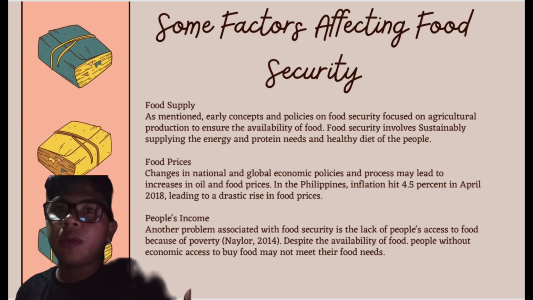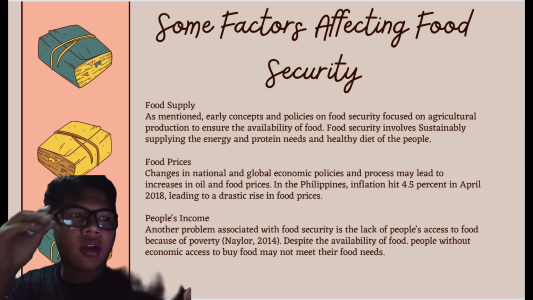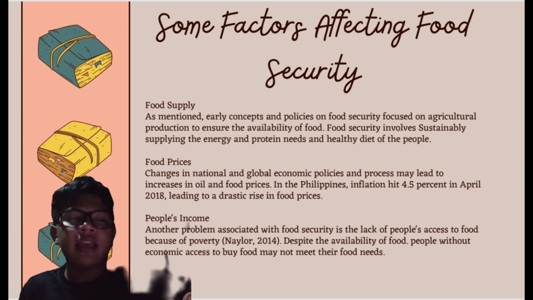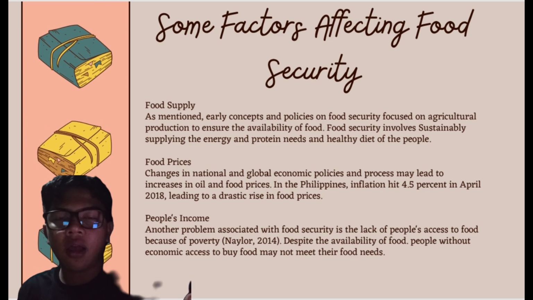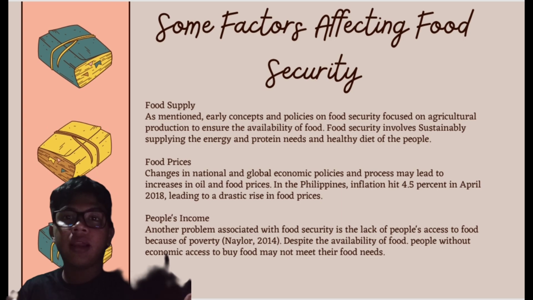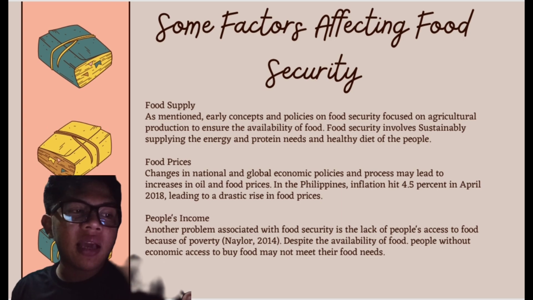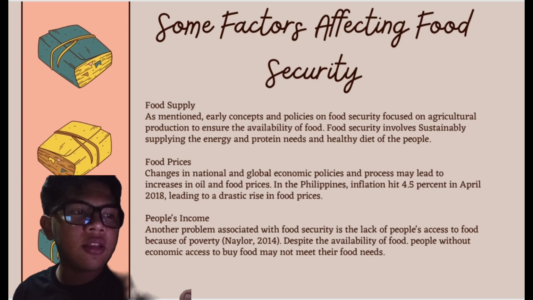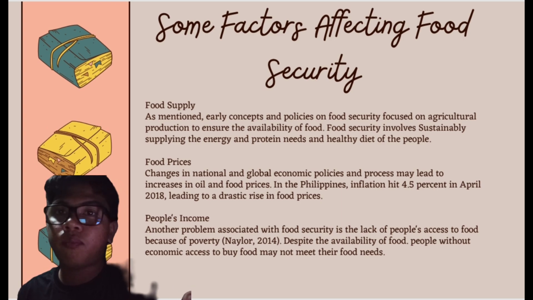The next one is food prices. This factor greatly affects the food security of a country or globally. Changes in national and global economic policies and processes may lead to increases in oil and food prices.